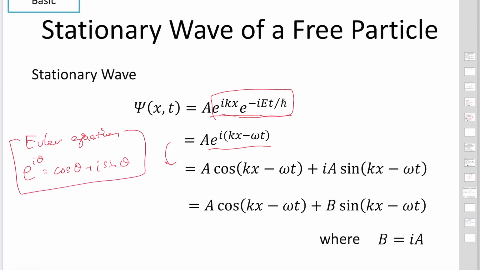So exponential i(kx minus omega t) is expressed as cosine(kx minus omega t) plus i sine(kx minus omega t). If you choose this b, the stationary wave equation is expressed with trigonometric functions: a cosine(kx minus omega t) plus b sine(kx minus omega t).